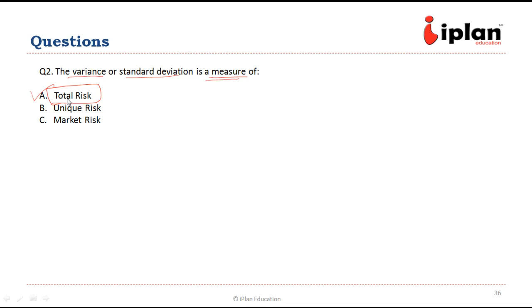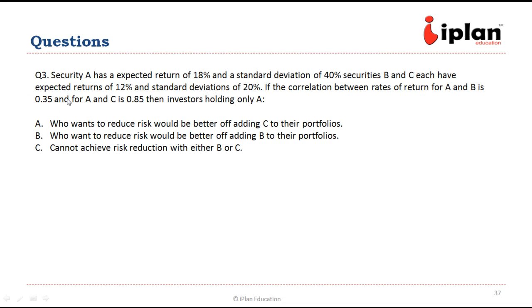Question number 3. It says security A has an expected return of 18% and standard deviation of 40%. For B and C, expected returns are 12% and standard deviation is 20%.